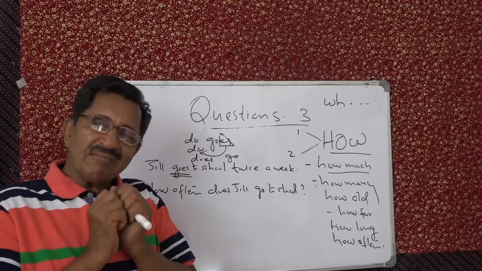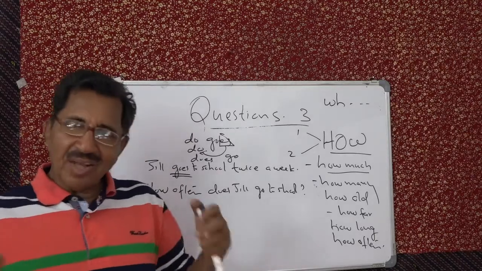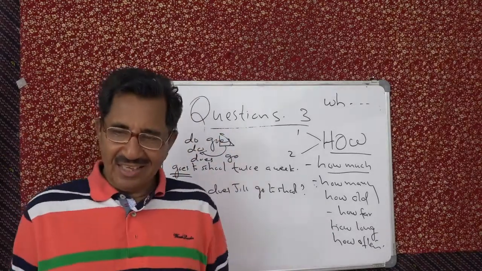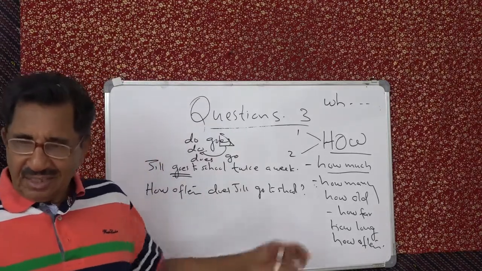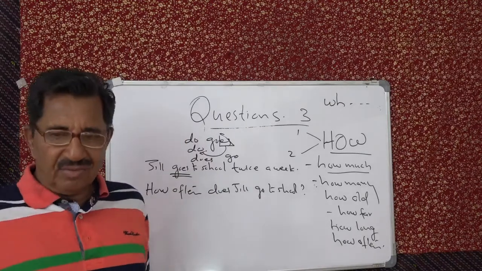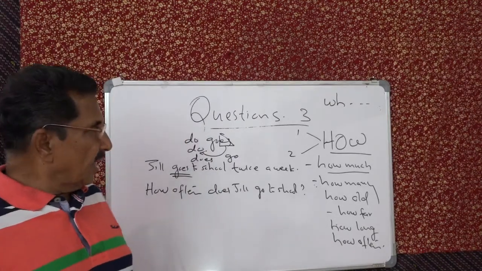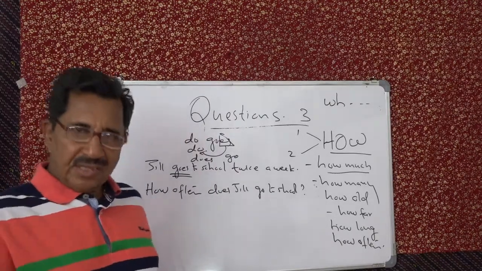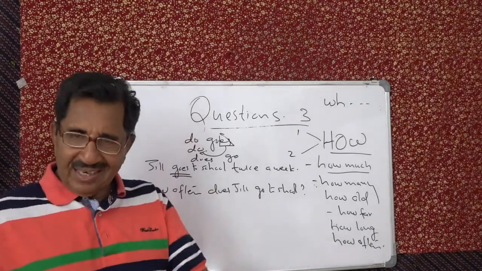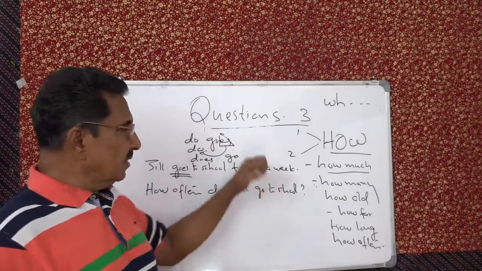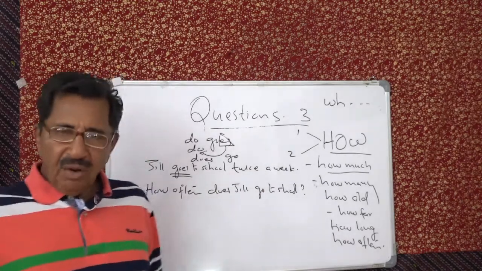So how is a wonderful word. Without how you cannot live. See that? Because you require all this information. Without this, how can you live? Like, how is the party? How is the class? How are the students? How are the students means general condition. Then, how do you go to school?